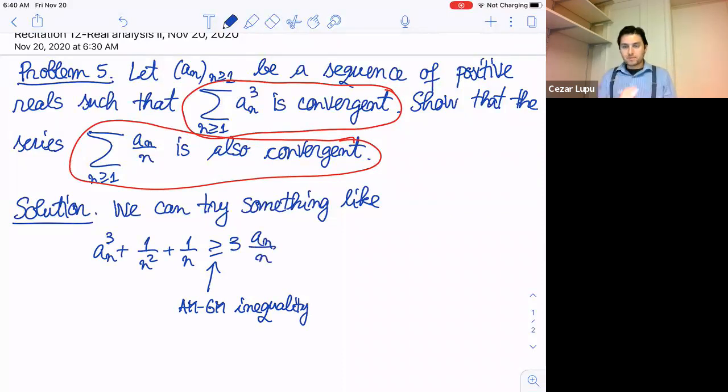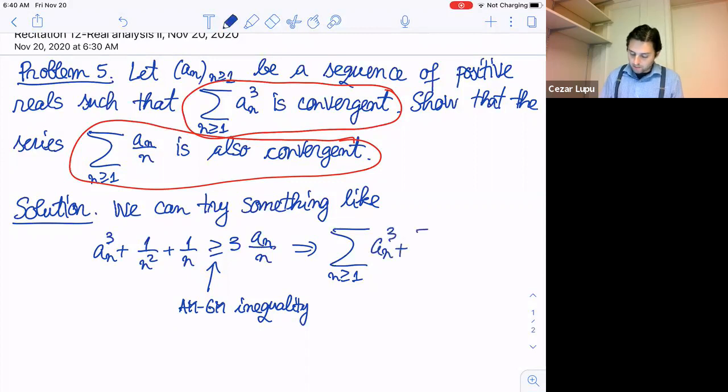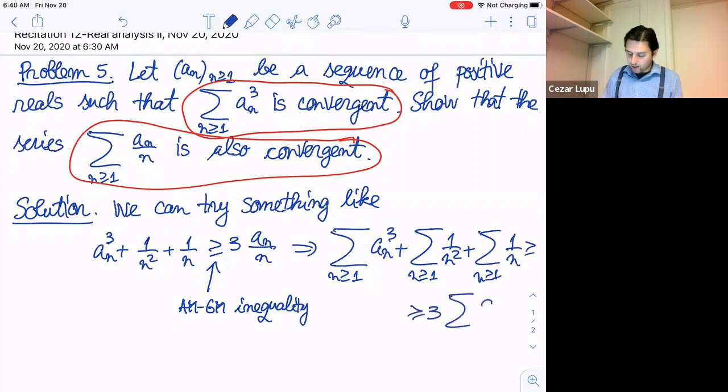But you see, what is the problem here? This will imply that, let's write it in this way: the sum of a_n cubed plus the sum of 1 over n squared plus the sum of 1 over n is greater or equal than 3 the sum of a_n over n.